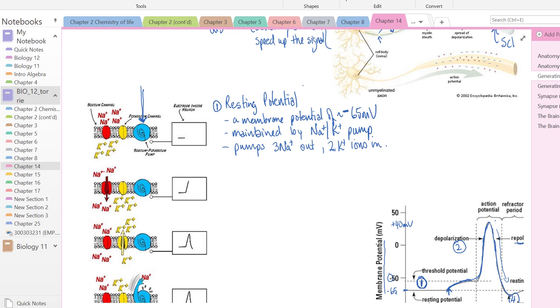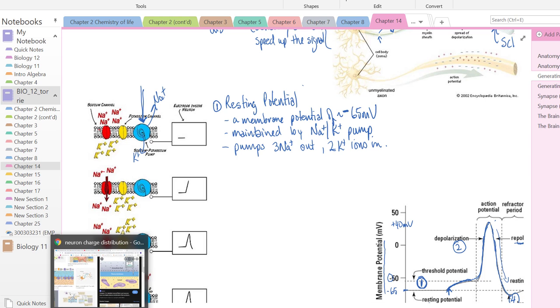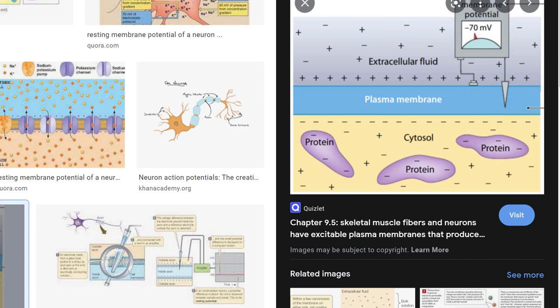So although the primary function of the sodium-potassium pump is to move those ions, sodium ions going out and potassium ions going in, there are other ions, and I'll just show this image here.